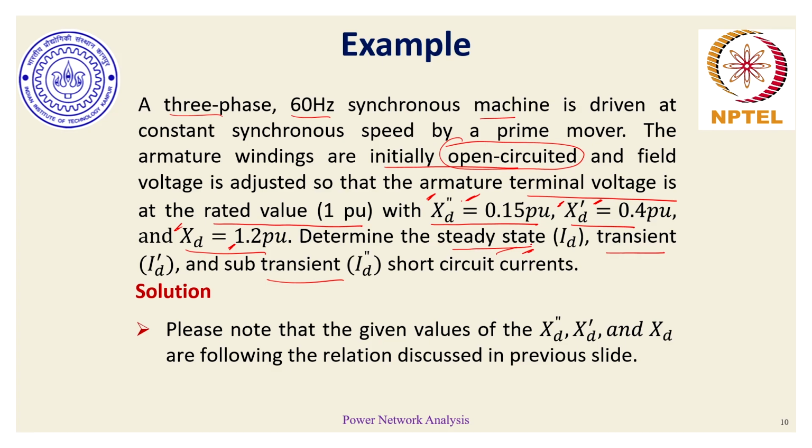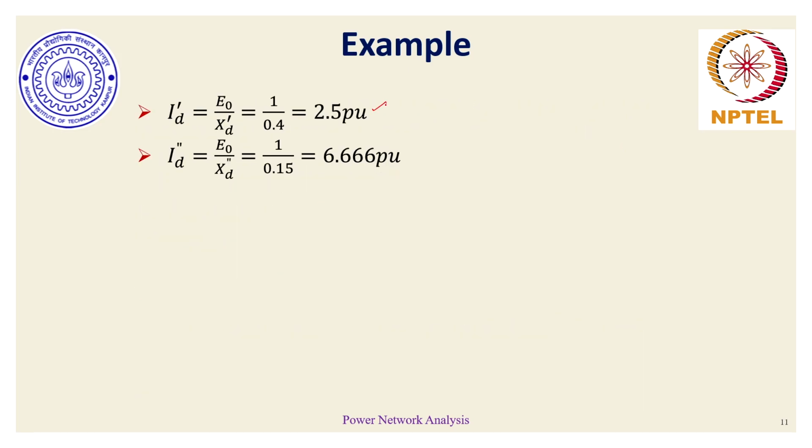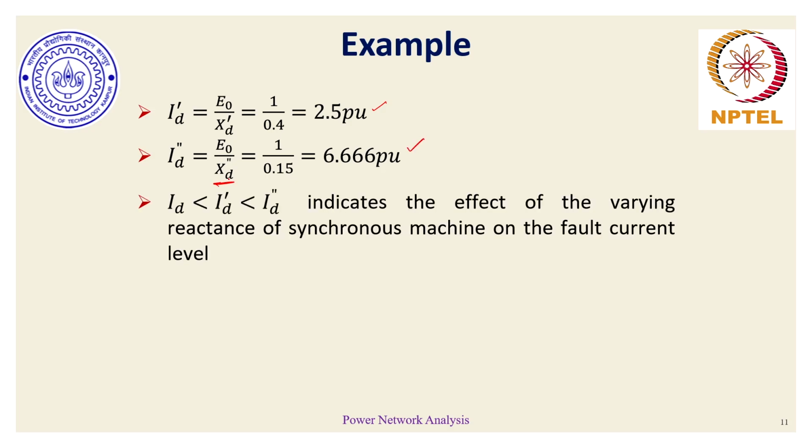That is what is shown in this particular expression here. ID is dependent on the steady state reactance, assuming E naught, the internal EMF, is given as 1 per unit. So 1 by 1.2 is the steady state current. If we try to find this current in the transient period, the XD dash value is lower than XD, so the corresponding transient current would be higher, and the maximum achievable peak in the subtransient period would be the maximum possible value, depending on XD double dash.